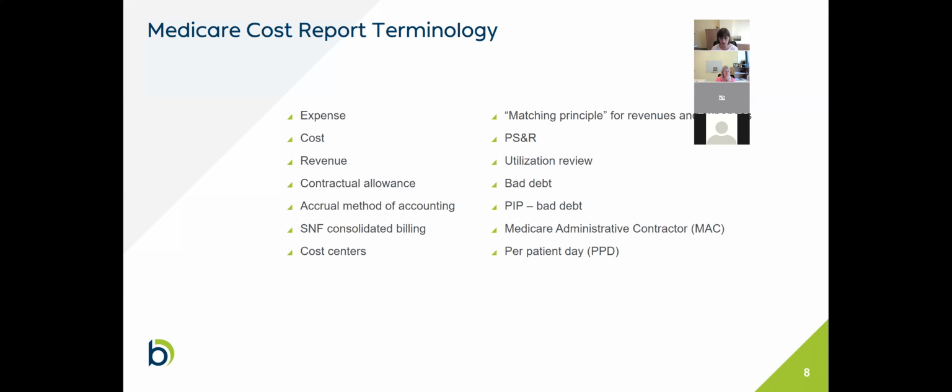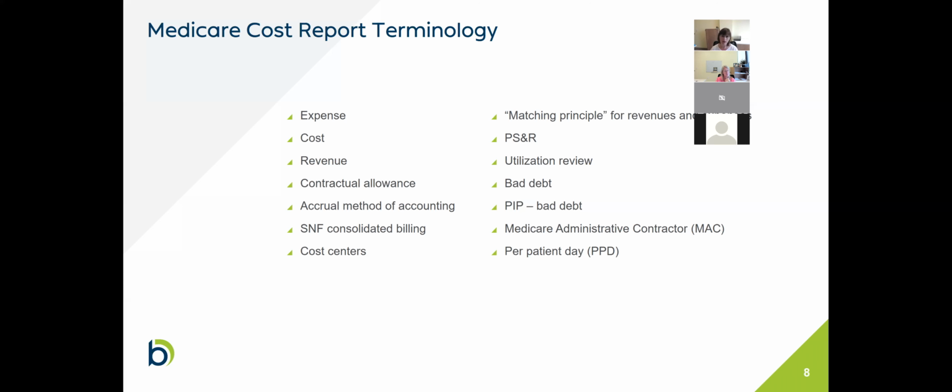other ancillary services. We will also talk about cost centers today, and the cost center is pretty much a department or a level of care for purposes of Medicare cost report. So skilled nursing unit is a cost center.